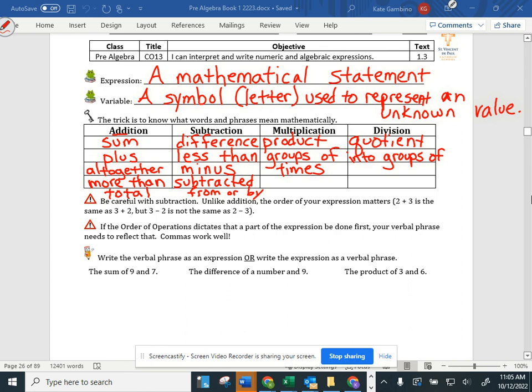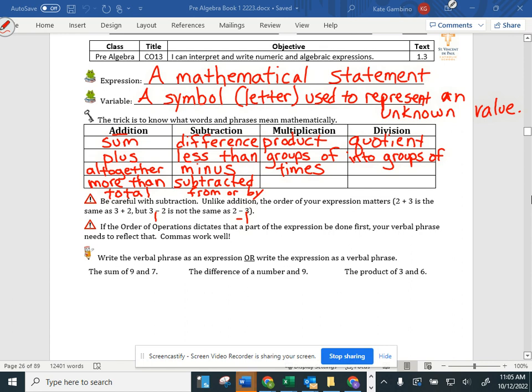But with subtraction, if we were to say 3 minus 2, that's 1. 2 minus 3 is negative 1. Your first number truly matters with subtraction. You're going to get a different answer.